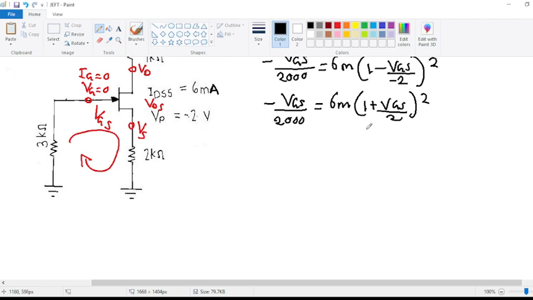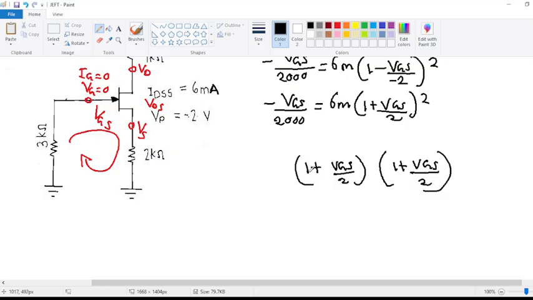Okay, so I'll expand this. I have my 1 plus VGS over 2 here. Then the other side again, I'll have the same 1 plus VGS over 2. So let's try to expand this. What is 1 times 1?